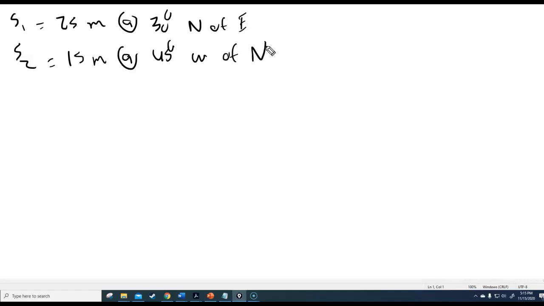If you go back and look at your steps for adding vectors within the component method, step 1 says to find the components of the vectors that you want to add. So in this case, I need to find the x and y components of S1 and S2.